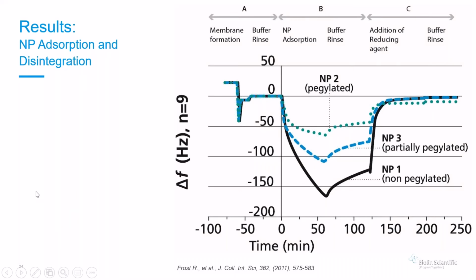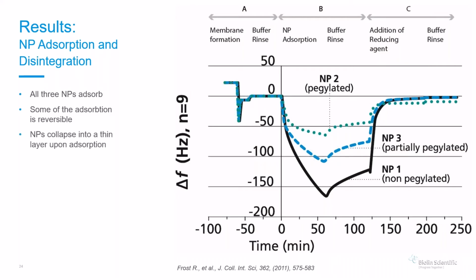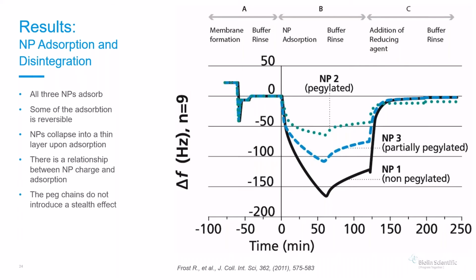So basically, we can see that all of them adsorb and there is some reversibility in the adsorption because of the release. And also we can see some conformational change because the frequency goes up a little bit before introducing the reducing agent. And there is a clear relationship between the charge or pegylation and adsorption.